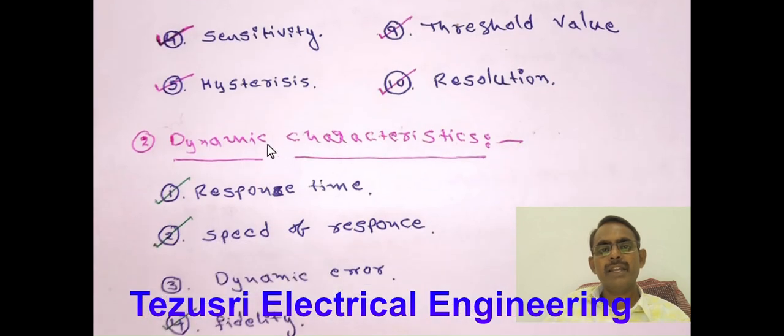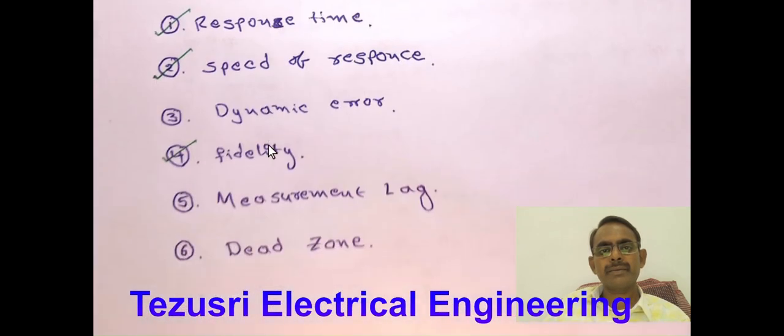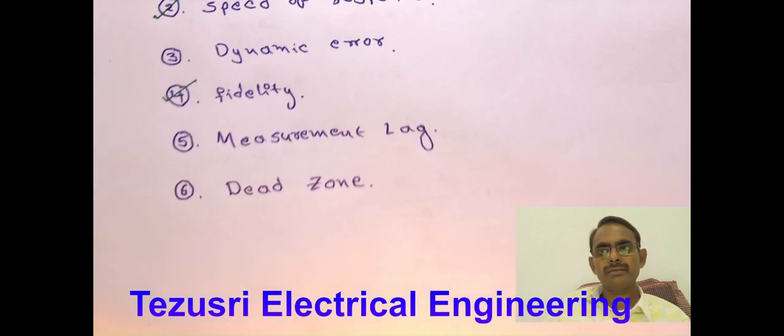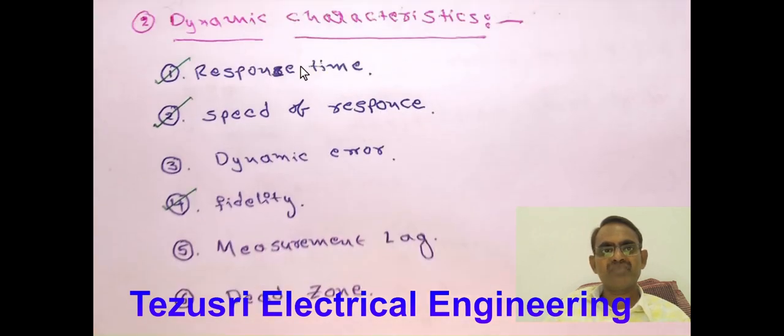Next, dynamic characteristics: response time, speed of response, dynamic error, fidelity, measurement lag, dead zone. These are called dynamic characteristics of a measuring instrument.